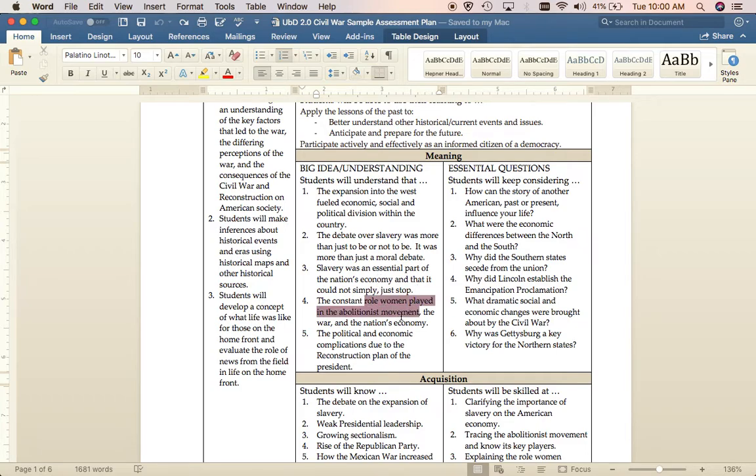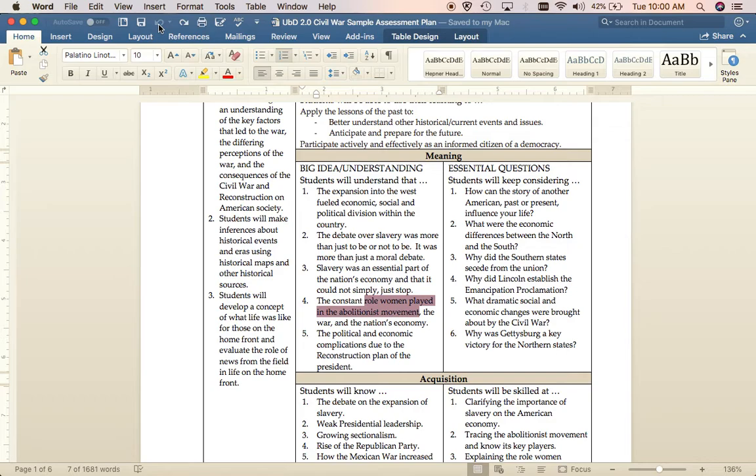I did want to point this one out here because this is talking about a specific group. This is talking about the role of women in the abolitionist movement. Now, I want to stop here and make a point, because if this was me as the teacher, this is an important point to understand. But I would also want to add an understanding that talked about the role that African Americans played in obtaining their own emancipation.